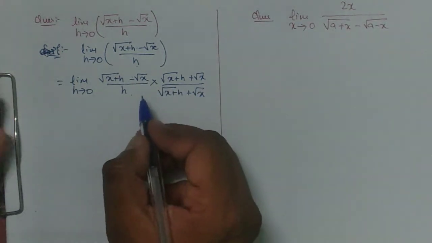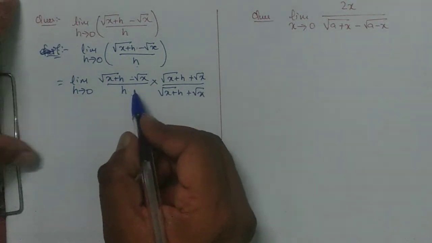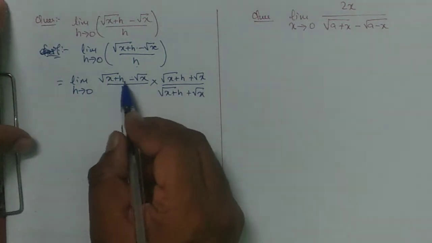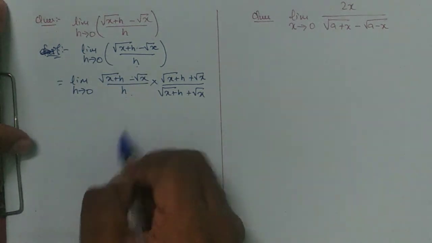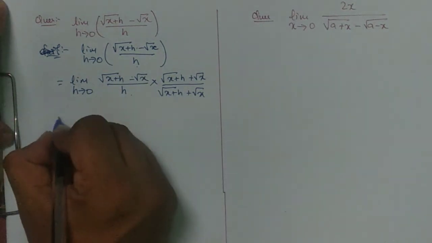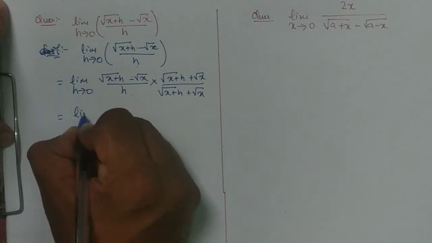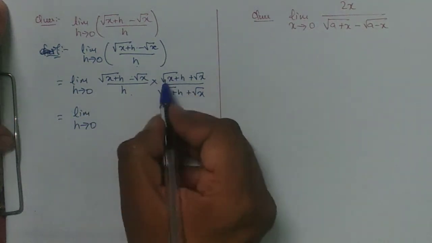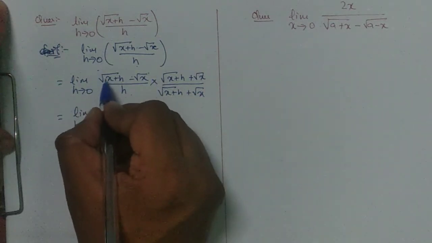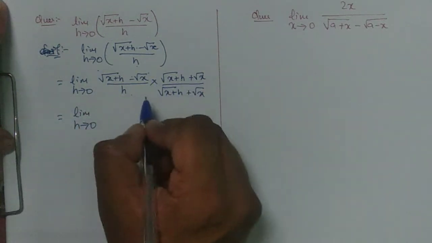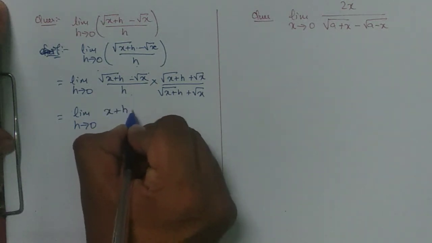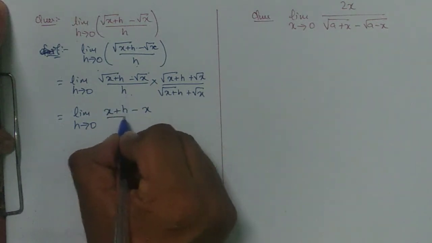So what I have done here to simplify this function, I have multiplied the numerator and denominator by the conjugate of the numerator, as you can see here. So it will be equal to limit h approaches 0. Now when we multiply these two terms, what will we get? We will get x plus h minus x.